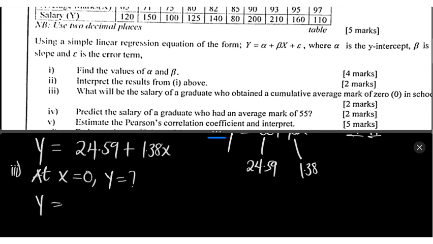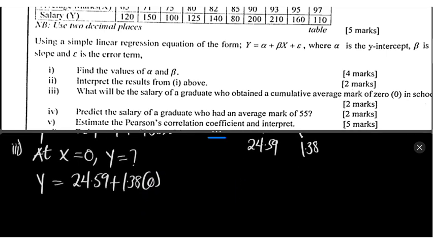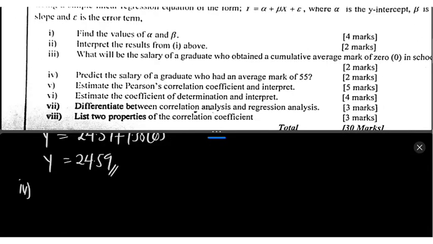So once we know x is equal to 0, from the regression equation, 24.59 plus 1.38 times 0. A number multiplied by 0 should fetch you 0. So therefore y is going to give us 24.59. So this becomes the salary that a graduate will obtain when his average mark is 0.